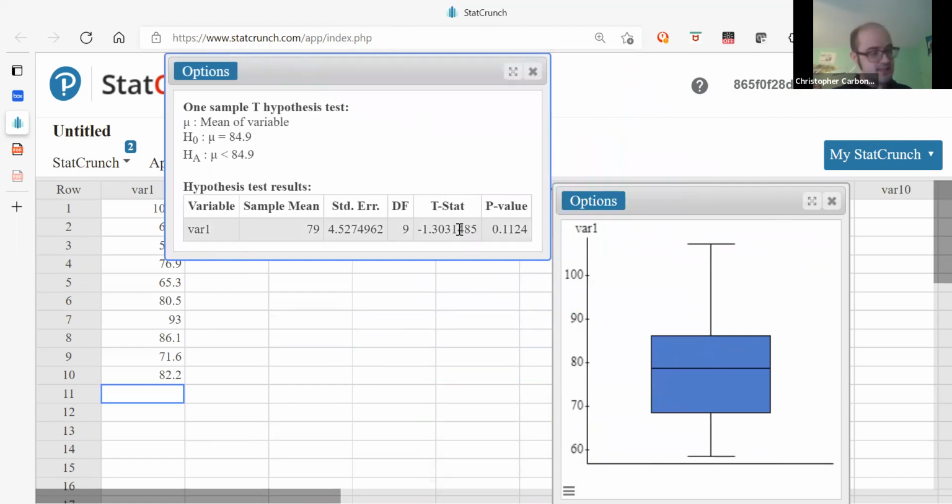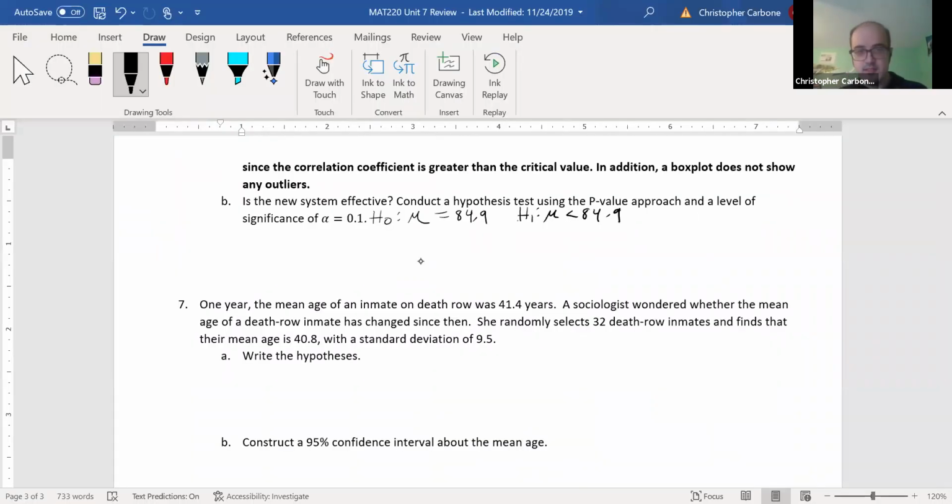So our test statistic is negative 1.303, and the p-value is 0.112. So let me write that down. Test statistic is negative 1.303, and the p-value is 0.112, which, let's face it, is pretty high, right?